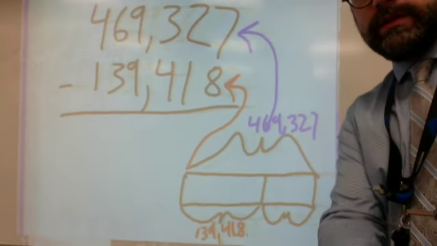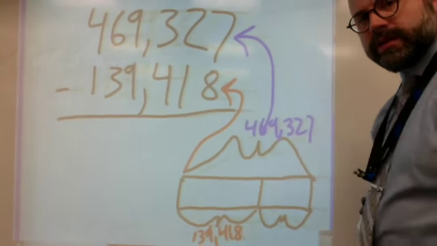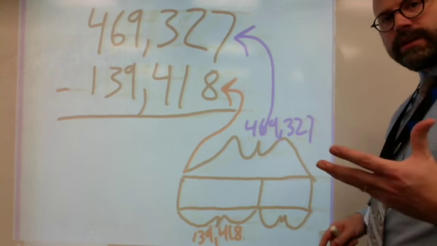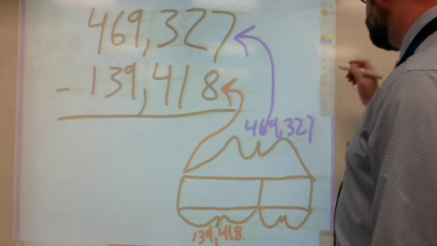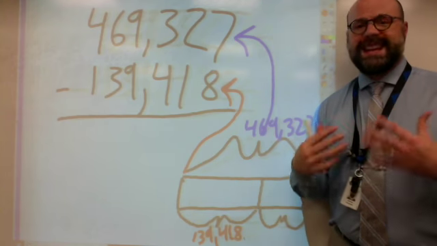Oh, you can't see that very well. It's the way the camera's angled. Then our missing part, that's our variable. That's the letter we use. Remember, in theory it can be any letter you want to use.